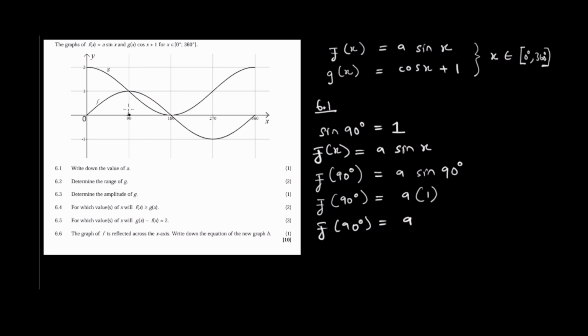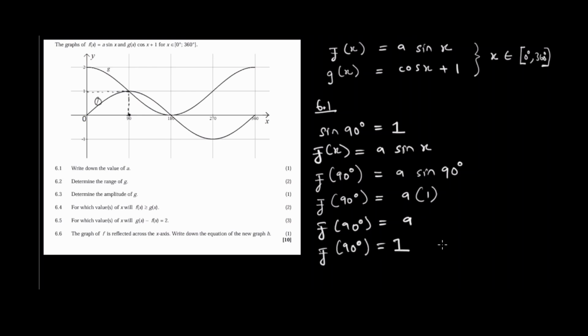Then we follow it until we reach f(x), which is this. Then when we seek out the value of f(x) or y when x is 90 degrees, we find out that it is 1. So f(90 degrees) is equal to 1.